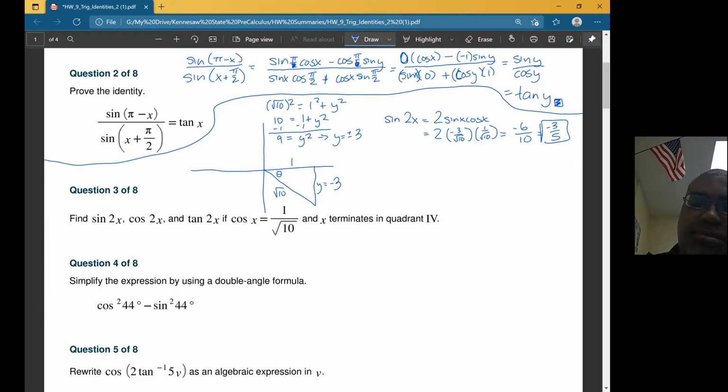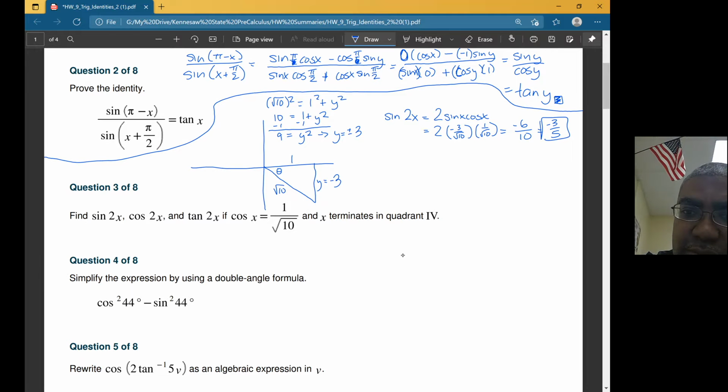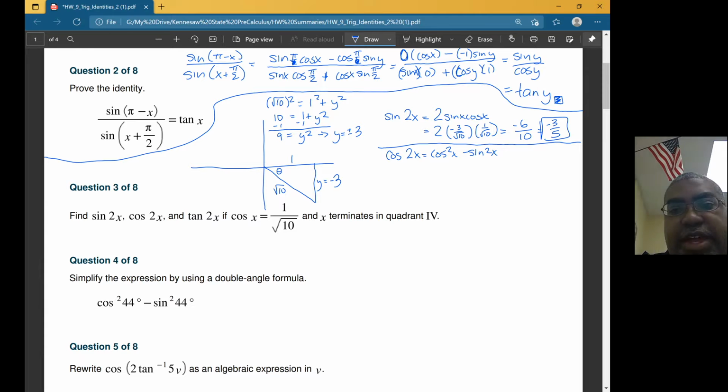All right. Cosine of 2x is still equally easy, but a little more annoying. Cosine of 2x is equal to cosine squared x minus sine squared x. Theoretically, you could choose any of the cosine identities for this and get the same answer. This one just seems easiest.